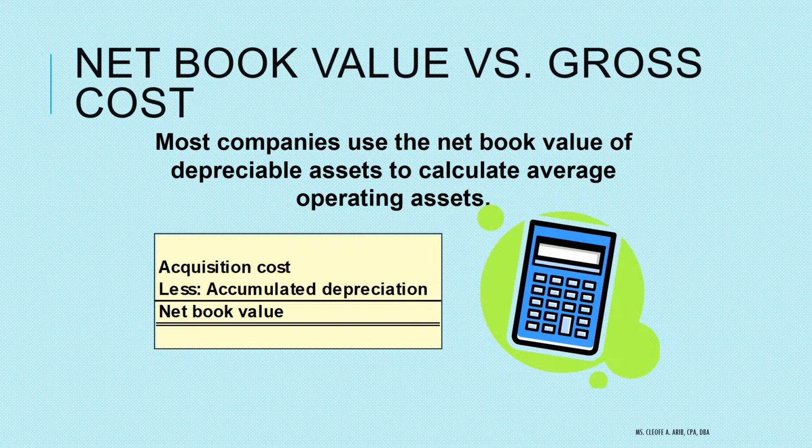That's what most companies use. Although, if you have your own business later on, you can still use the gross amount. There is no clear-cut rule. I'm just saying that most companies worldwide are using the net book value.